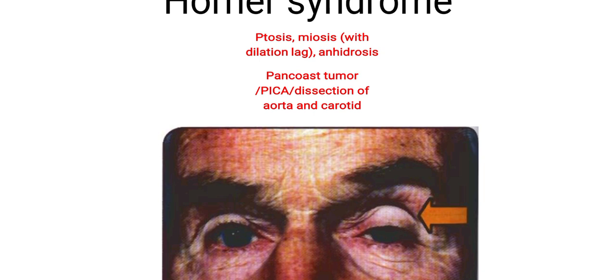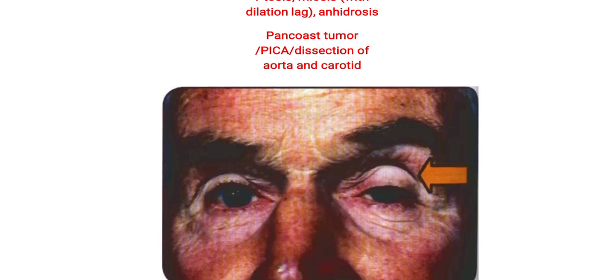So whenever such pictures come in the exam, we have to think about Pancoast tumor. This is the tumor of the lung, and posterior inferior cerebellar artery, dissection of the aorta, and carotid dissection.